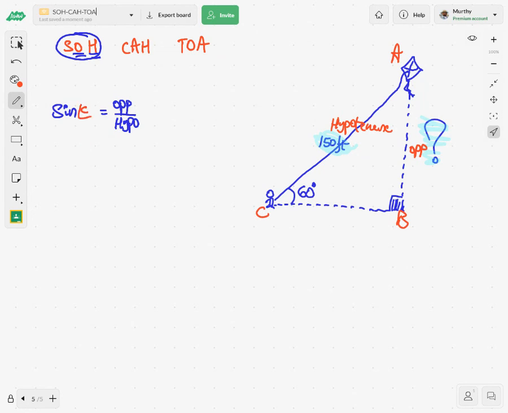So sine C equals the side opposite to angle C over hypotenuse, right? Now plug in the values. What is the value of sine C? It is sine 60 degrees. What is opposite? That is AB over what is hypotenuse? That means AC. Now plug in the values, but before that, don't forget what sine 60 means.